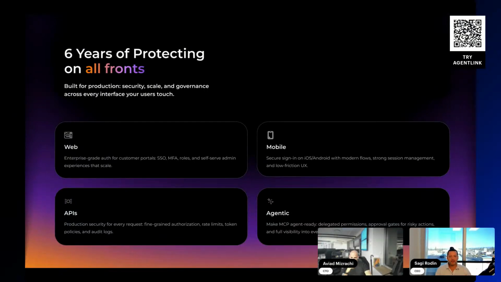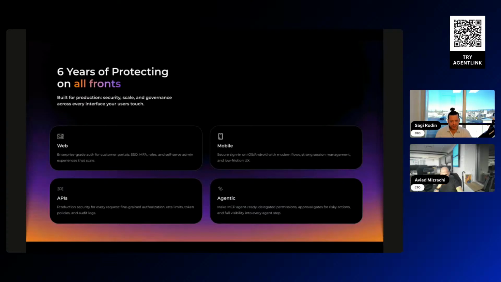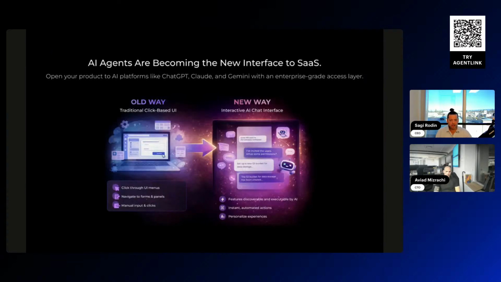We've been protecting all fronts for the last 6 years: web, mobile, APIs, you name it. Recently, a lot of agentic activity around enterprises, so companies that are trying to open up their products to agents. And I think that it all relates to the fact that the old way of logging into applications, doing everything with point and click, is becoming something that people just want to avoid if they can.